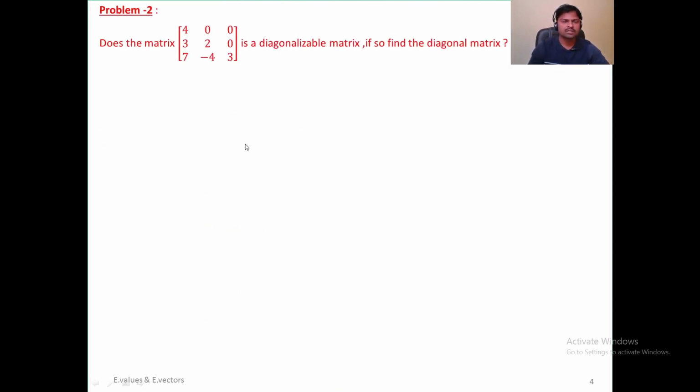Is the 3 by 3 matrix diagonalizable? If so, find the diagonal matrix. Again same story. What kind of matrix is it? Lower triangular matrix, right? So since it is a lower triangular matrix, the diagonal entries are nothing but the eigenvalues.